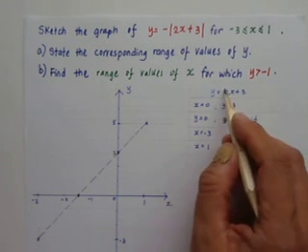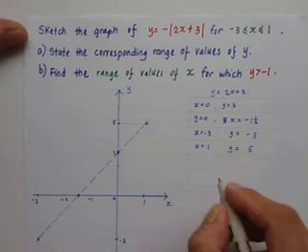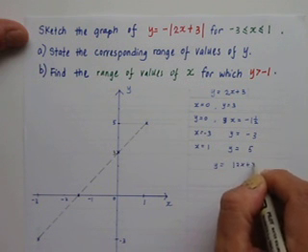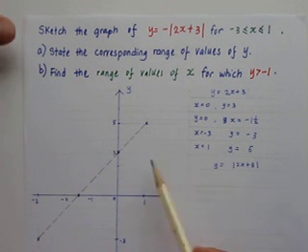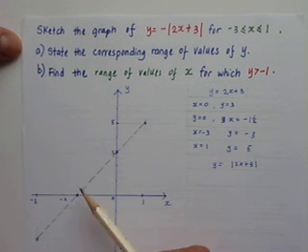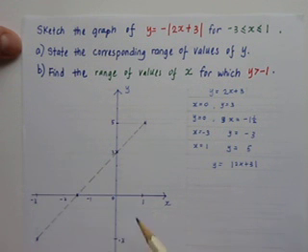Now we put on the modulus sign. That means y equals modulus of 2x plus 3. So we know what the effect is. The part that is positive will remain unchanged. This part will be reflected above the x-axis.